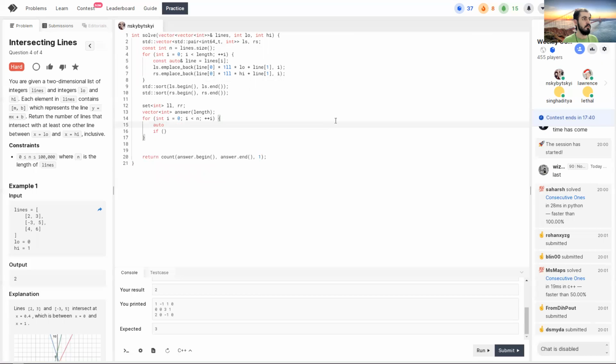I would like to see if it is an element of ls. I cannot do it like this.